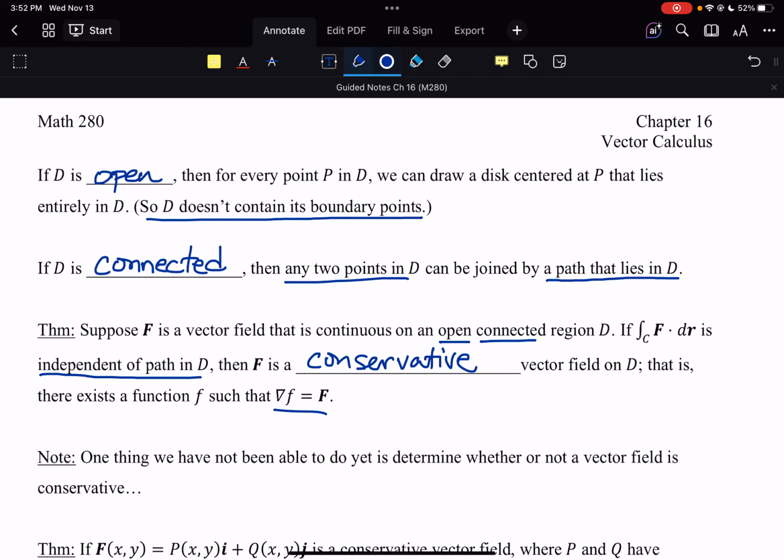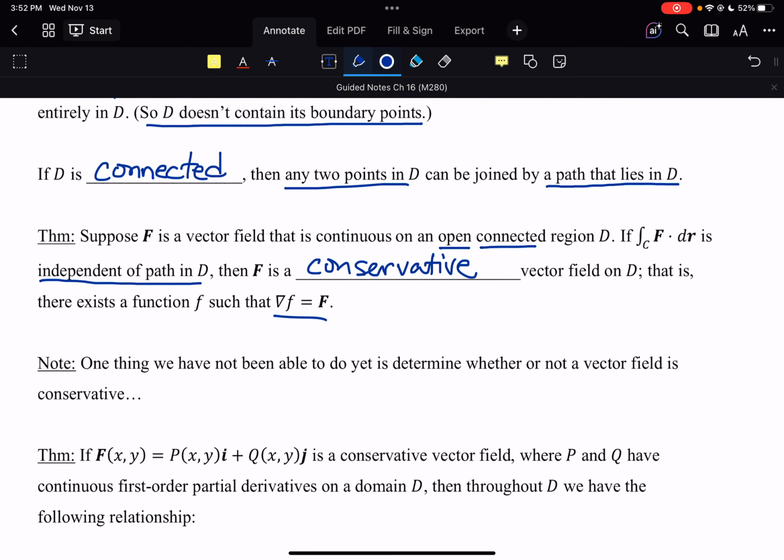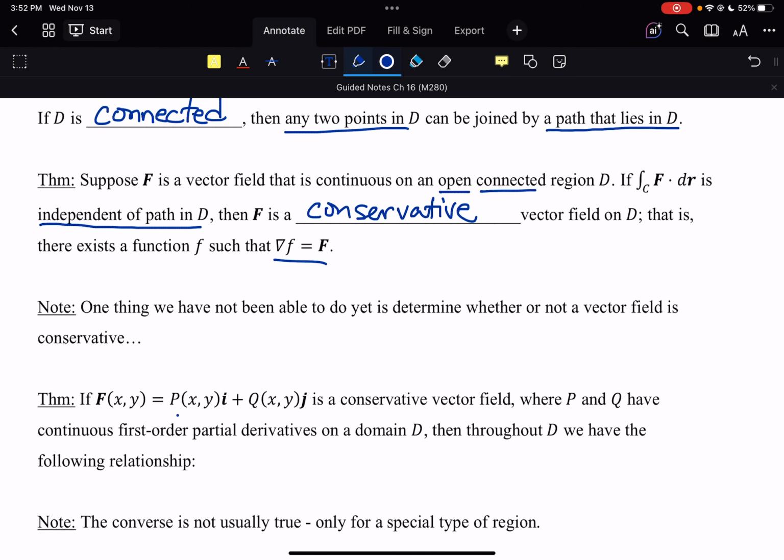Now, this is all well and good, but one thing that we have not yet been able to do is determine whether or not a vector field is conservative. So we would like to know whether a vector field is conservative or not so we can start using a lot of these properties that it has. So this next theorem says if the vector field F is a conservative vector field where P and Q have continuous first-order partial derivatives on a domain D, then throughout D we have the following relationship.